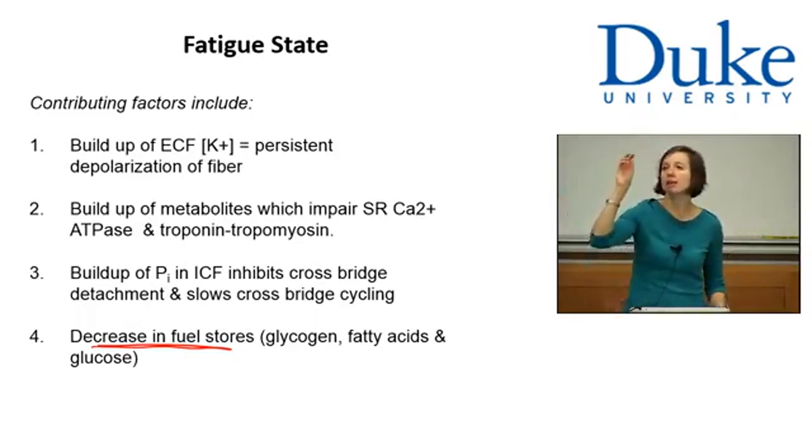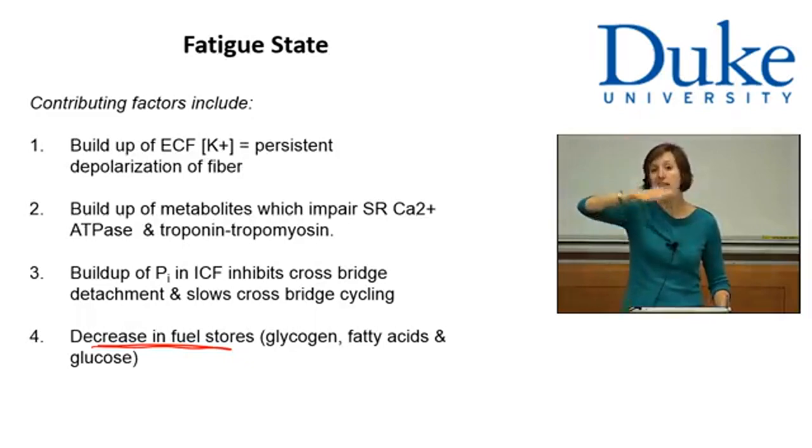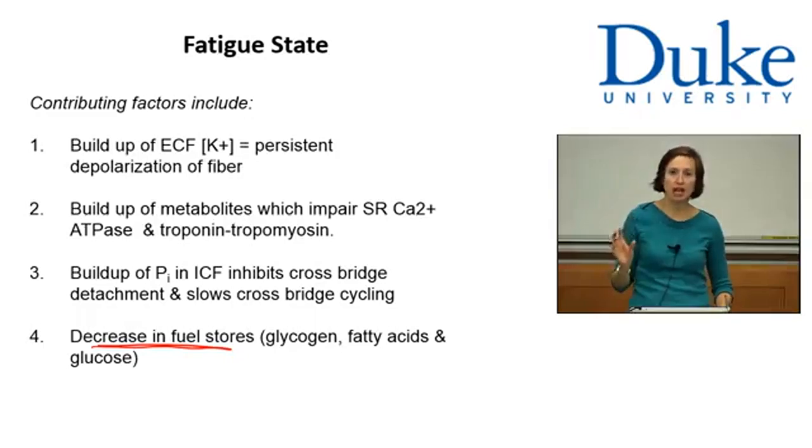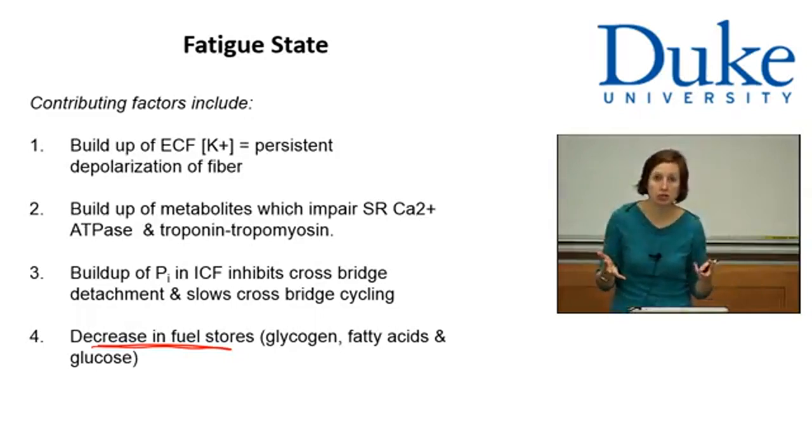And so if we have a lot of potassium outside of the cell, that means that the equilibrium potential for potassium will be less negative, which means that the resting membrane potential will be less negative. But remember, the sodium and potassium channels need to get to that very negative membrane potential to be able to become closed.